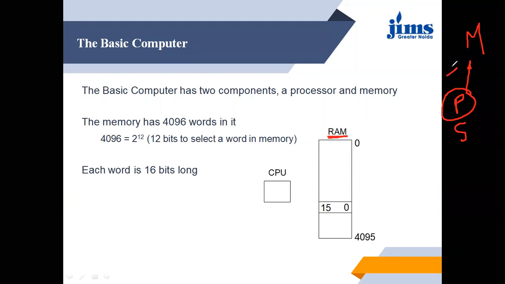Sorry, this is RAM. So in basic primary memory, when we are discussing Maurice Mano, the basic computer that evolved near about 25 years ago, there were 4096 words.